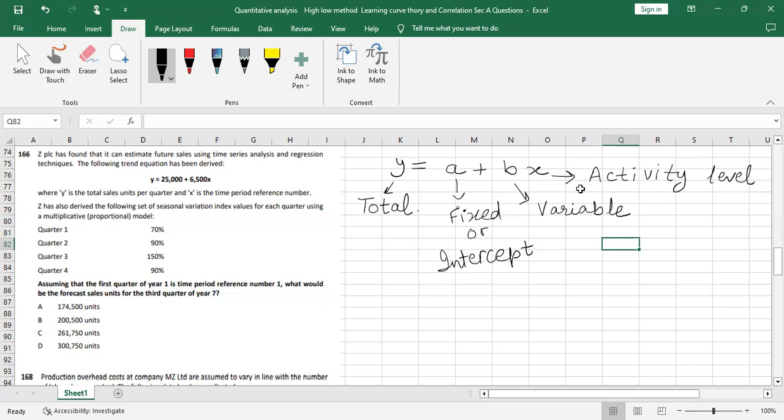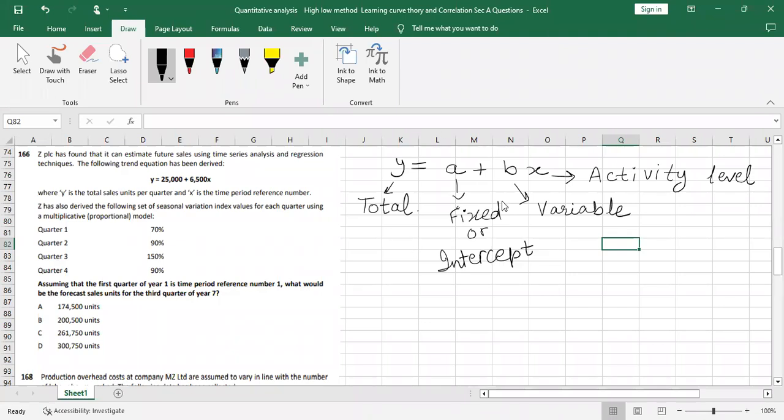It could be fixed sales per month, fixed sales units per month or per quarter, or fixed production overhead. Any portion of the fixed cost or fixed sales or fixed sales units is denoted by A.